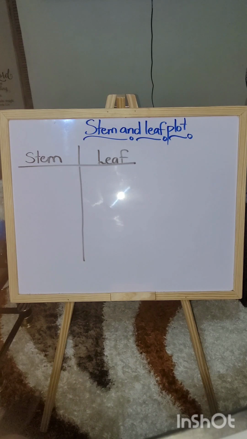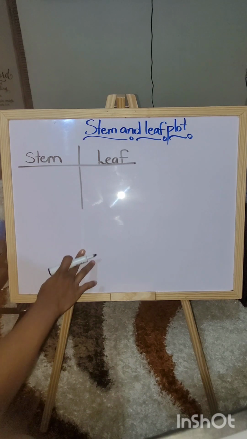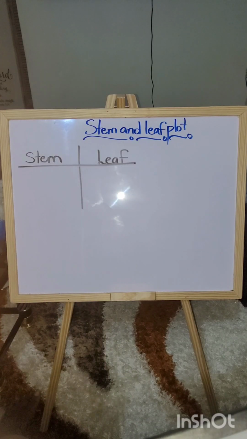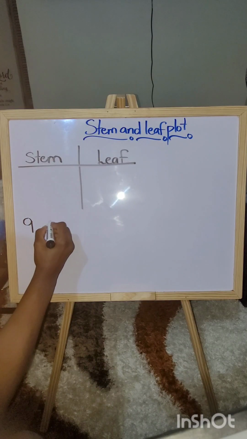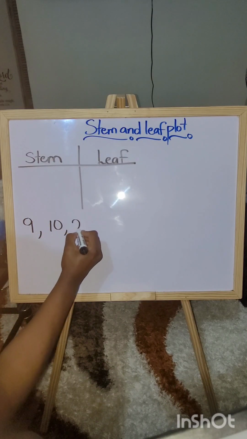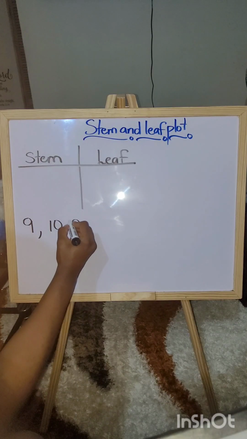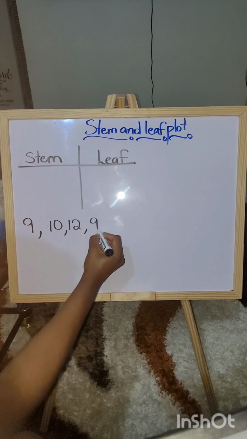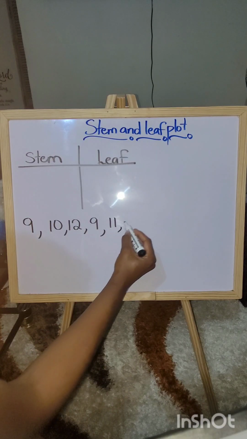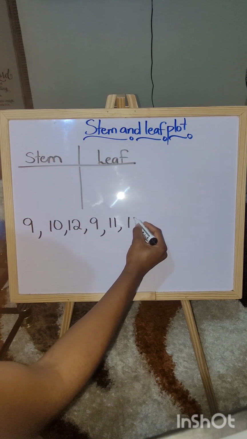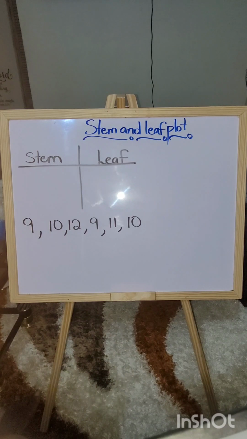So one of the things that you need to understand when doing a stem and leaf plot, for example, if you are given the numbers 9, 10, 12, 9, 11, and let's say another 10. So let's say you're given those numbers.